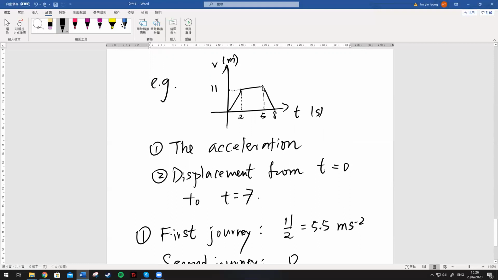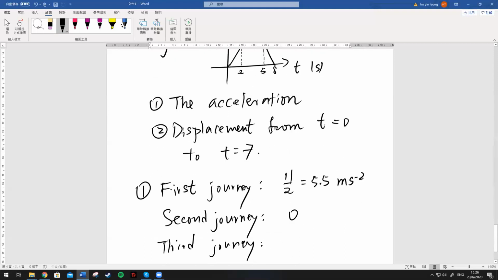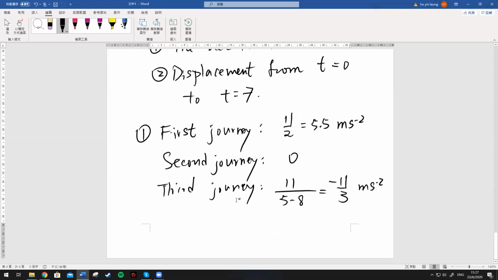Over here it is 5 to 8, so the acceleration should be 11 over 5 minus 8, which is negative 11/3 meter per second square. Is it okay here? Okay, so that's the acceleration in the different periods.